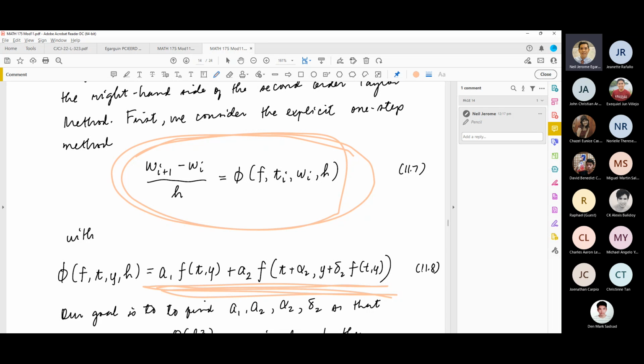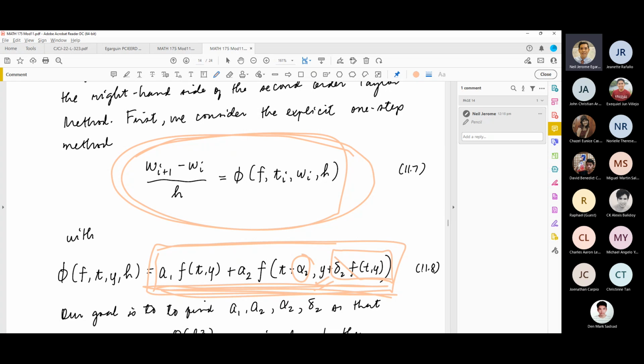Okay? Kaya lang, ang gusto ko si phi, dapat ganito lang yung itsura niya. Dapat siya ay a1 times function value of f plus a2 times some function value of f. Medyo dadagdagan ko lang yung time step dito by some constant alpha sub 2. Tapos, instead na y, yung ilalagay ko rito, yung second variable, dadagdagan ko siya ng konting increment. And that increment will be delta 2 times f of t, y.